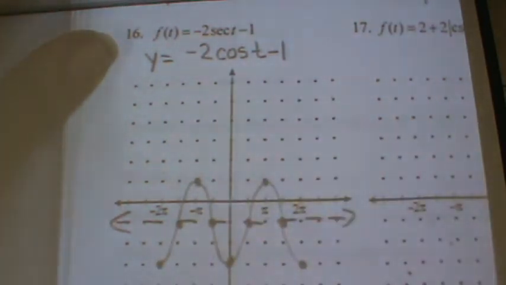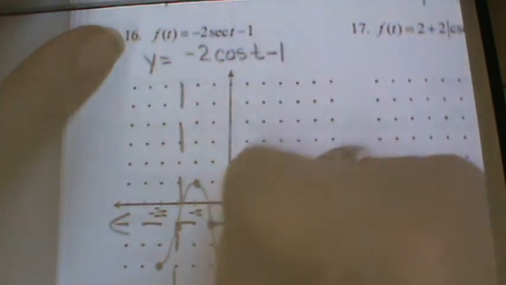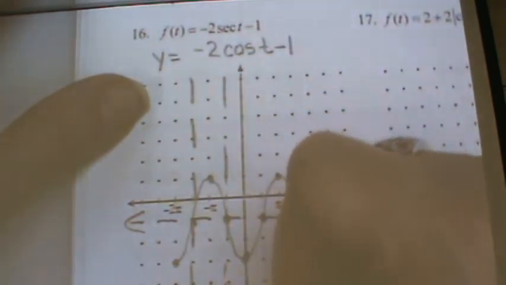Your asymptotes are at the π/2s, 3π/2, 2π/2.